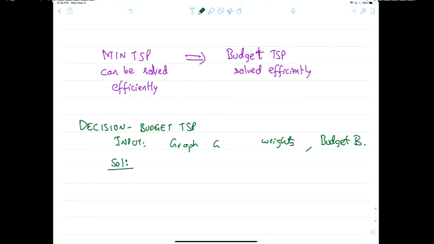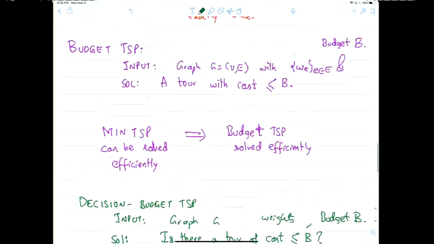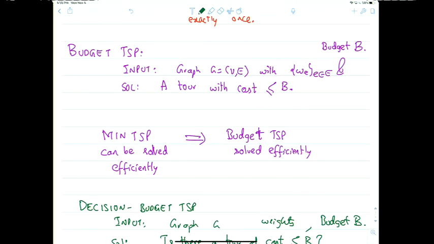You're asking, is there a tour of cost less than B? So it's a subtle difference. Just over here I said, give me a tour of cost less than B. Over here I'm saying, is there a tour of cost less than B? Just a 0-1 answer.